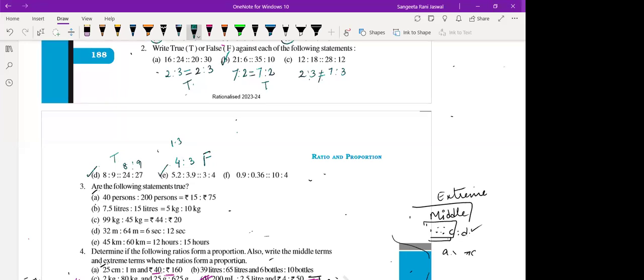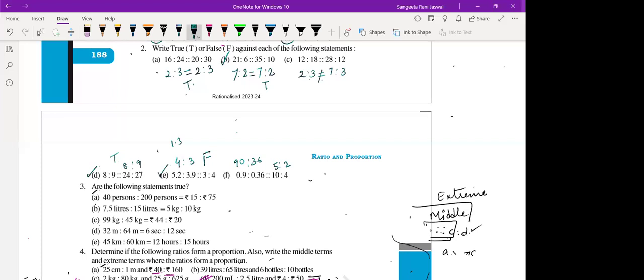Ma'am, it's false. Yes, ma'am. Okay, 2 2s are, 2 5s are 5 is to 2, and this is 90 and this will be 36.